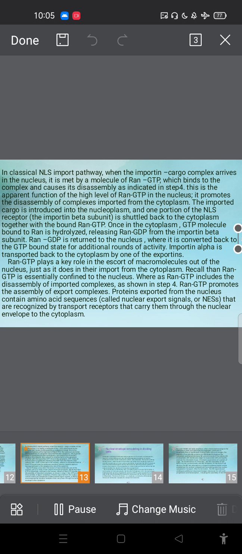Proteins exported from the nucleus contain amino acid sequences called nuclear export signals, or NESs, that are recognized by transport receptors that carry them through the nuclear envelope to the cytoplasm.